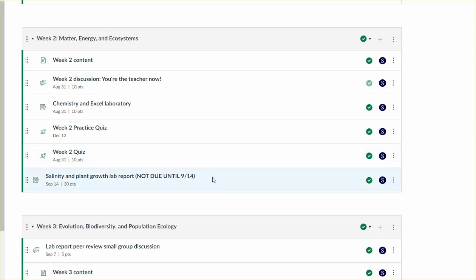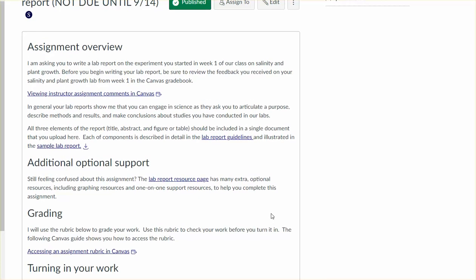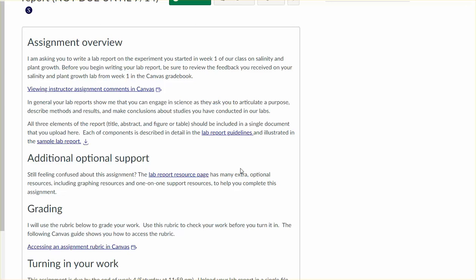I threw this in here as well, though I put in all caps, not due until 9:14, so I didn't scare anyone. But this is showing you, so the graphs that you create in the Excel portion of this week's lab are going to be part of your first laboratory report in our class. So I wanted to share this with you because there's a ton of information here to support you in writing a lab report.